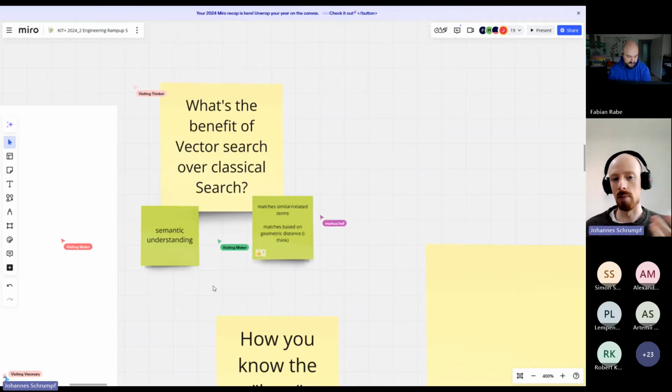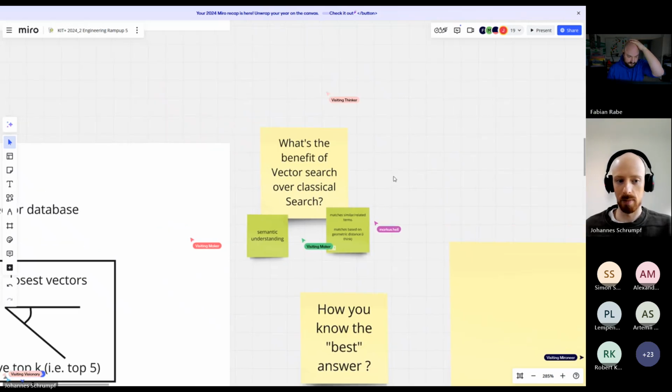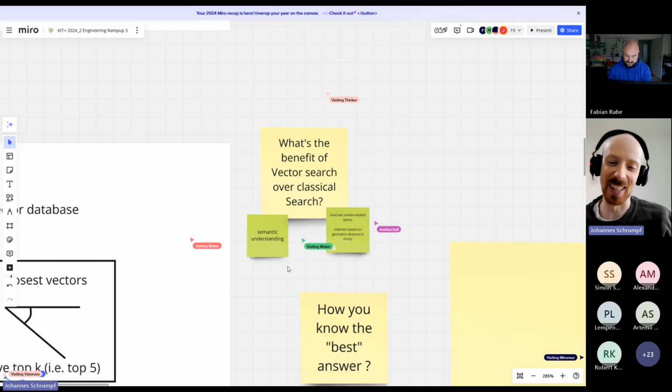And therefore you can make a very good distinction between the multiple different meanings of bank. Yes, and whoever added semantic understanding, this is what I also mentioned before, semantic understanding or semantic processing.